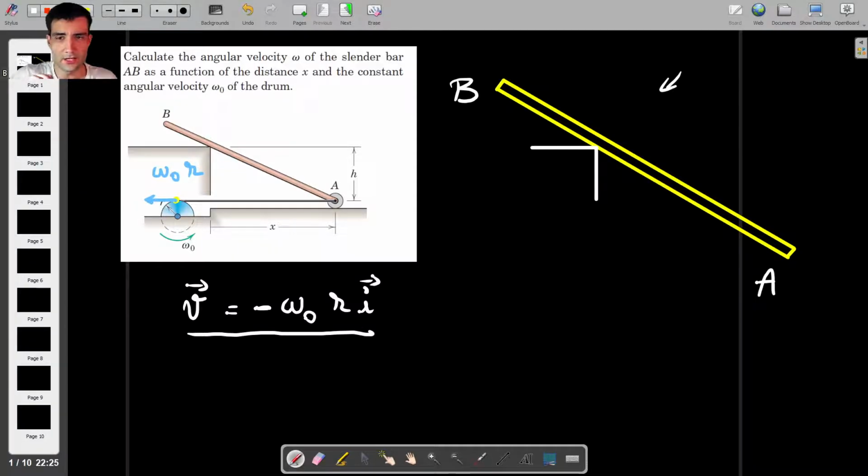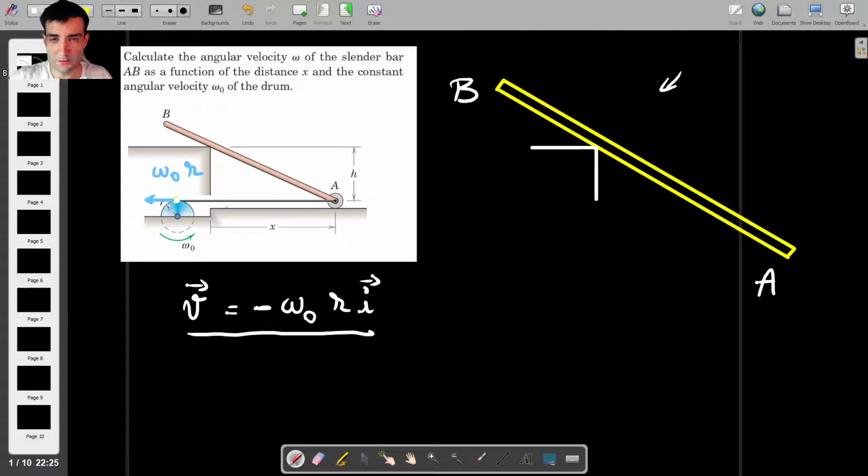Now, here's the thing. This is the velocity of the drum at its highest point. But this is also the velocity of the string, right? Because the string is attached to the drum, but the string is also inextensible. So if the string is inextensible, in a way it's moving as a rigid body, right?